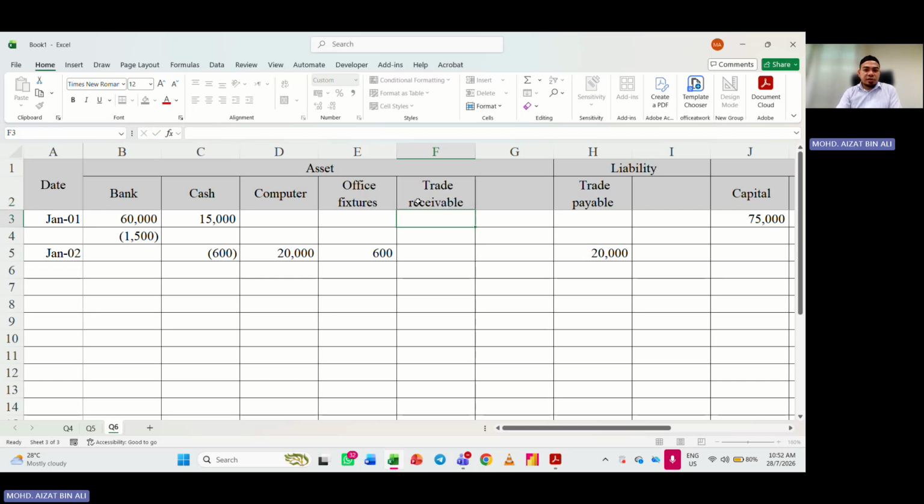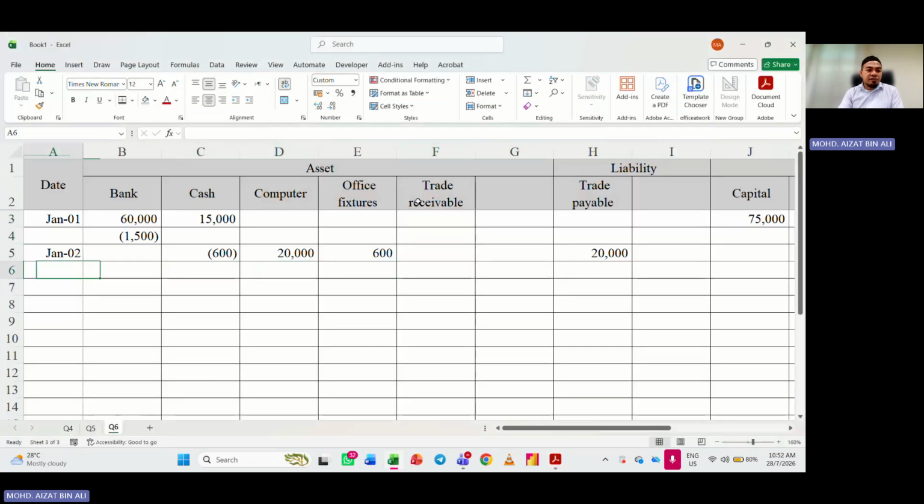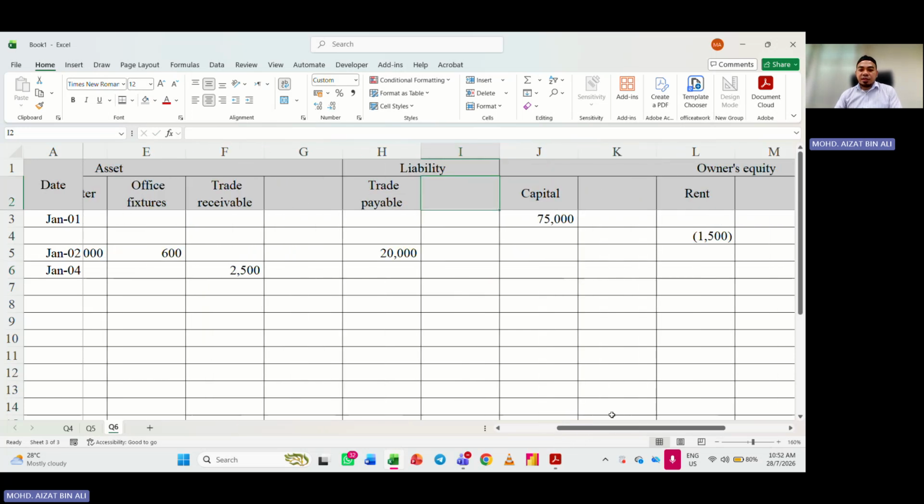Trade receivable increases by how much? 2,500 ringgit, January 4th. And because this is a service revenue, we perform service here, so open service revenue account, and the amount is the same, 2,500 ringgit.